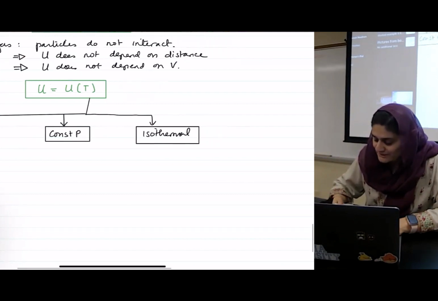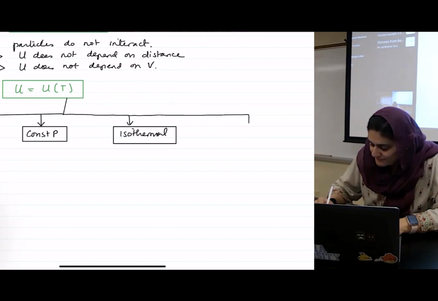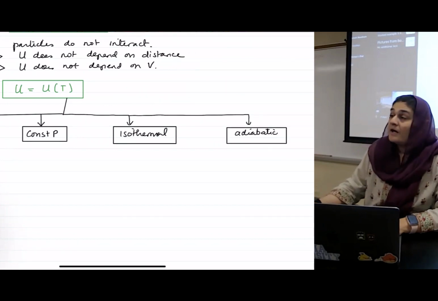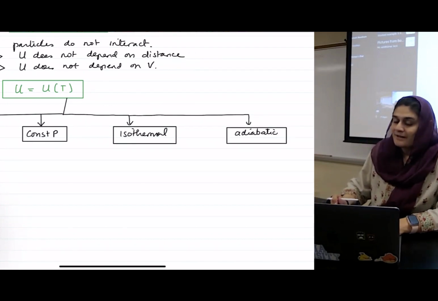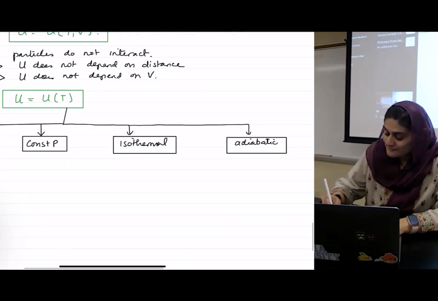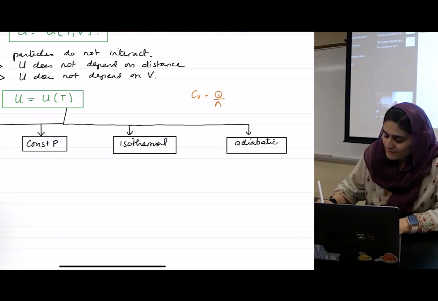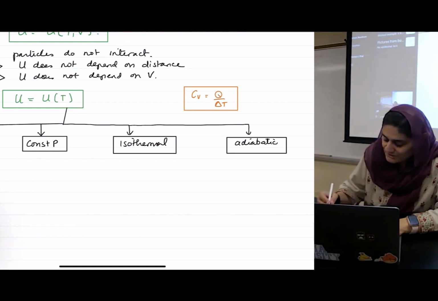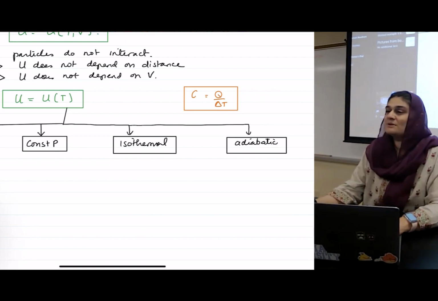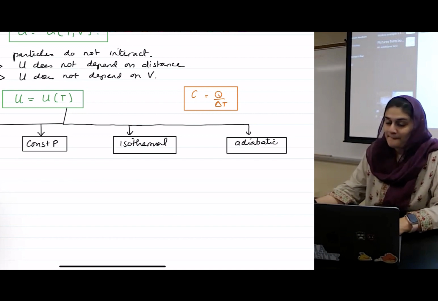And last but not the least, we can have adiabatic. Oh, guys, can you tell me what the specific heat formula was from last week? C equals Q over delta T. Just keep that in mind. Actually, I should not do the subscript V. C was just Q over delta T. Okay.